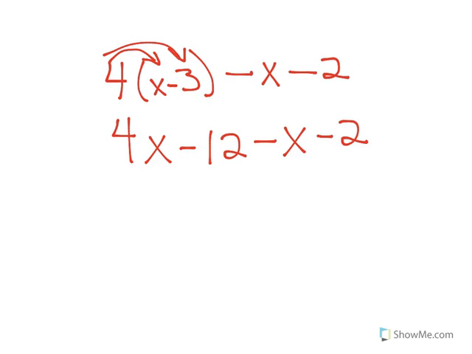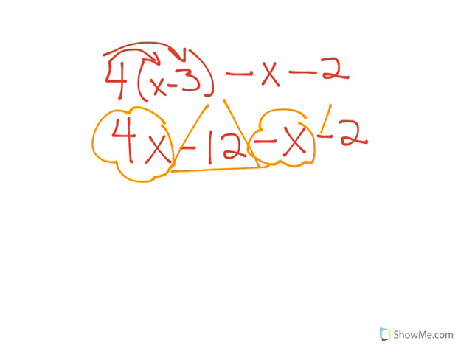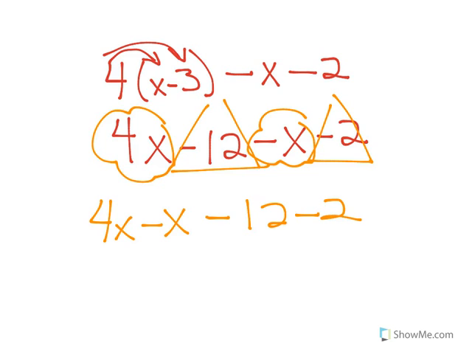Well, we have some like terms to gather up, my x's and then my constants. So I have 4x's minus 1x, and I have a negative 12 minus 2 more. So my numerator, here we're focusing on the numerator right now, four x's minus 1x is 3x.